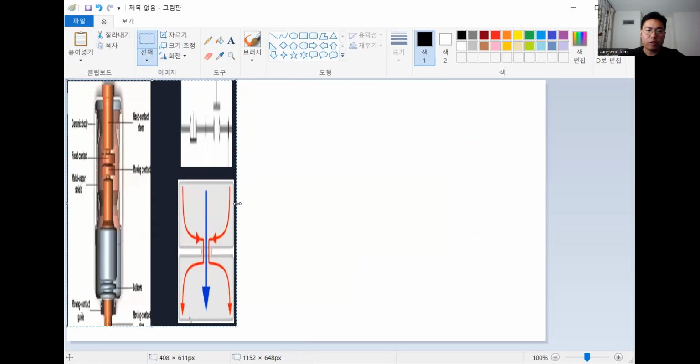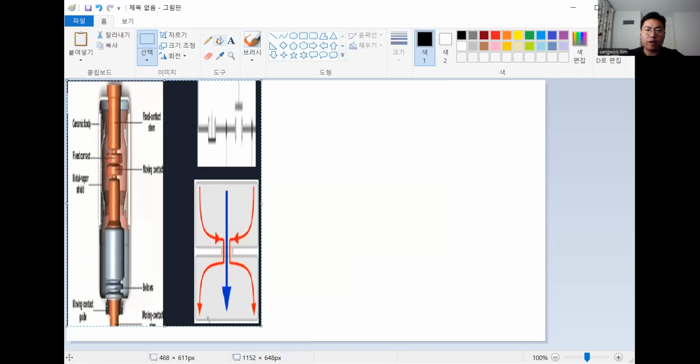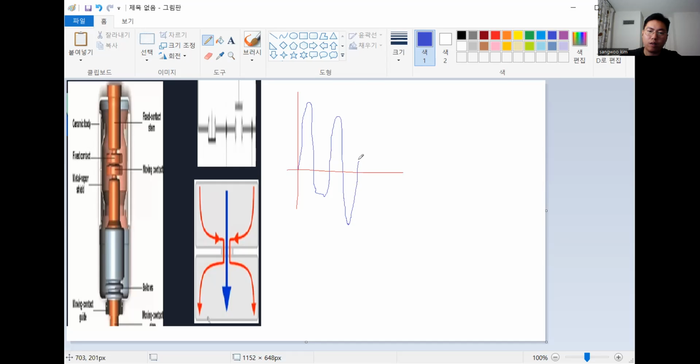So as you guys can remember, before I showed the fault current graph, you remember? Look at that. I said asymmetric waveforms happen, right? I will explain about it later, okay? It's not symmetric, it's asymmetric, right?